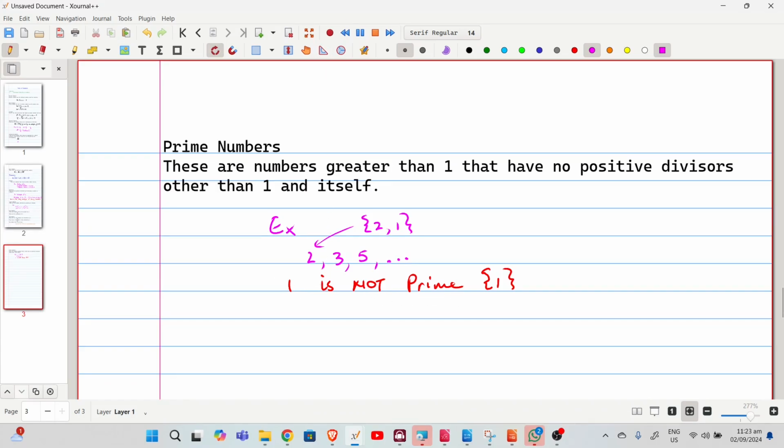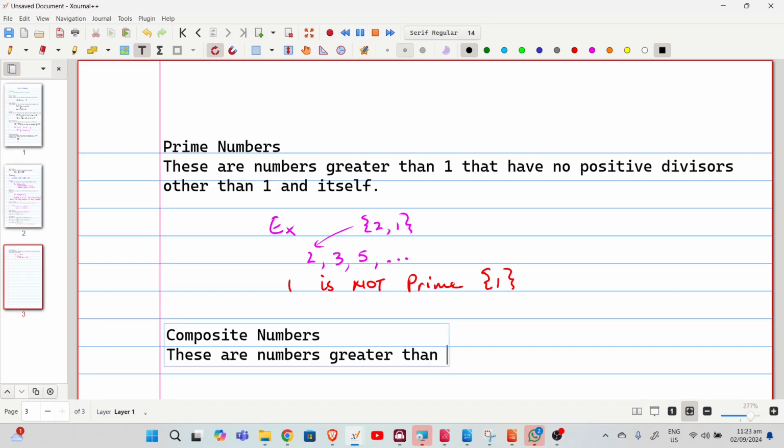Right? Then the next one that we have is composite numbers. These are numbers greater than 1 that have more than 2 positive divisors.